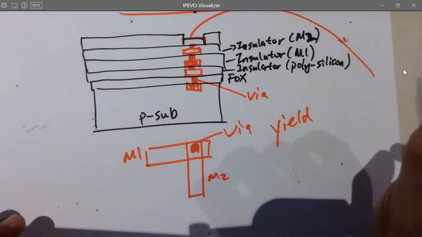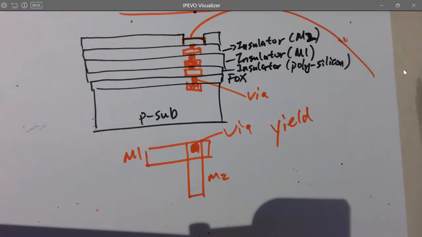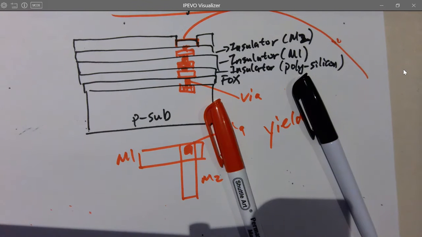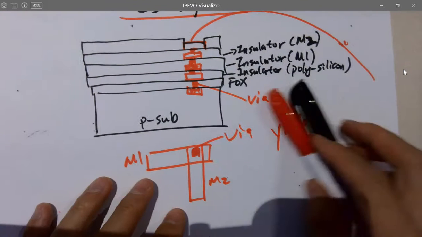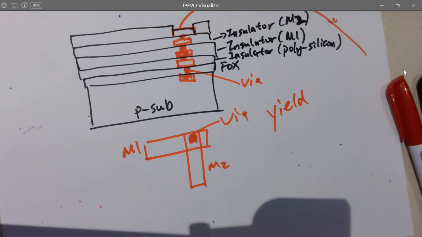So yield is very critical. A lot of foundries can make the same technology chip. For example, 20 nanometer technology, probably in one of the labs in Stanford University, a graduate student can also make a 20 nanometer node or little NMOS in the lab. So what's the difference from that lab to the TSMC 20 nanometer foundry?